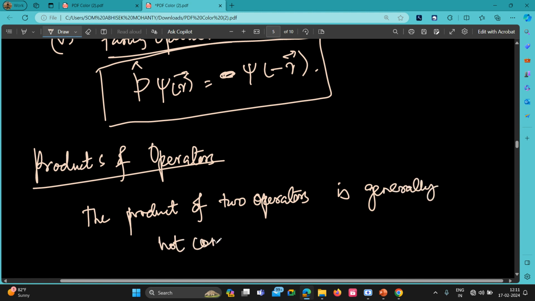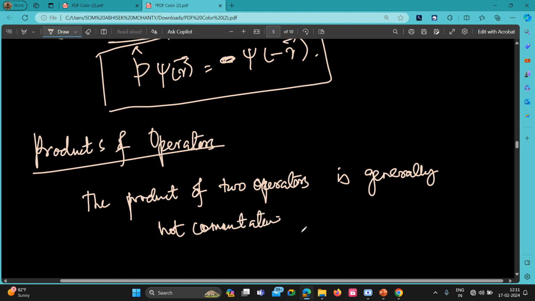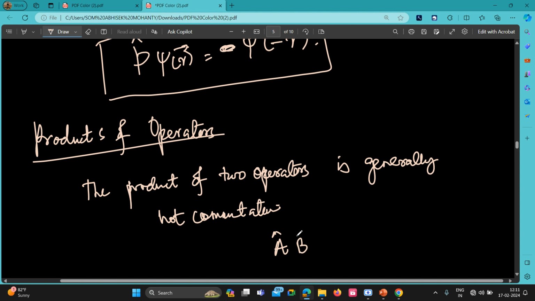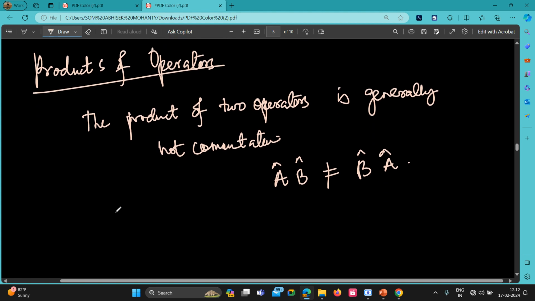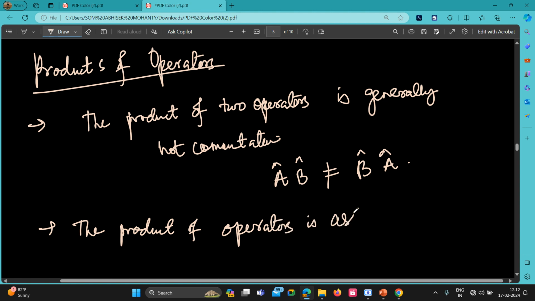Not commutative means that A into B won't be equal to B into A. And the product of operators is associative.